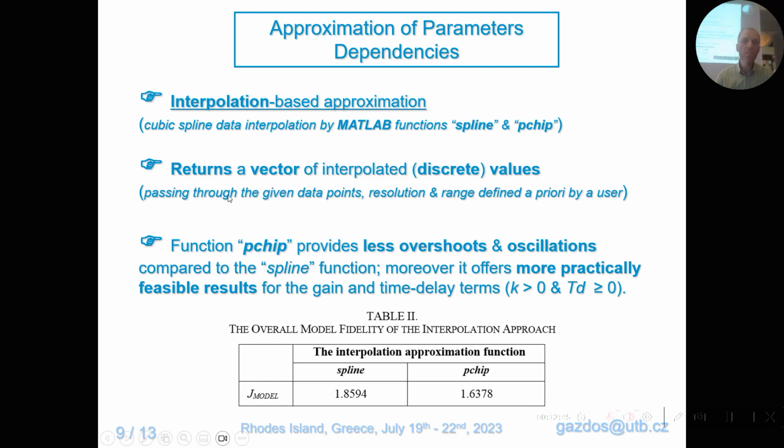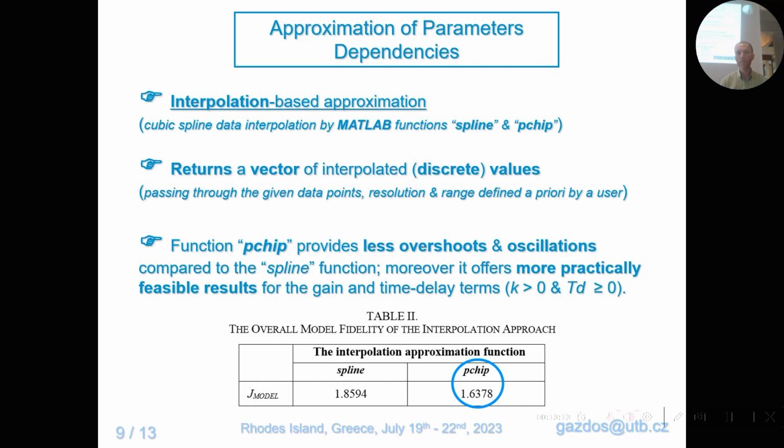When we compared the results of these two interpolation functions, spline and pchip, we found pchip was more feasible for us, better, because it provided fewer overshoots and less oscillation compared to the spline function.